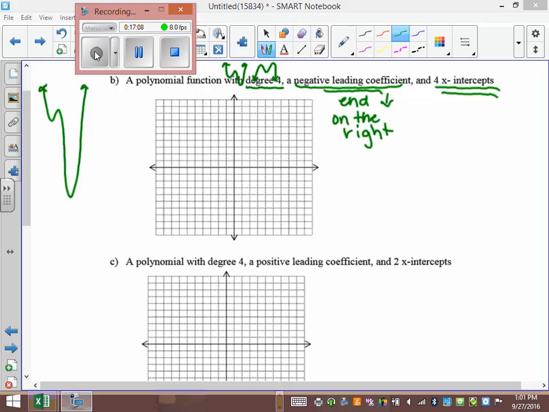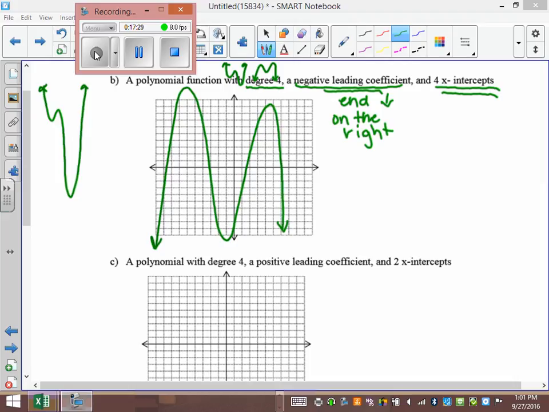So also with degree 4 or degree 2, my arrows are always going the same direction, right? Even graphs, arrows to the right. So I'm going to end down on the right. So I'm going to start down here. Now, I'm going to go through. Yours looks relatively like that.